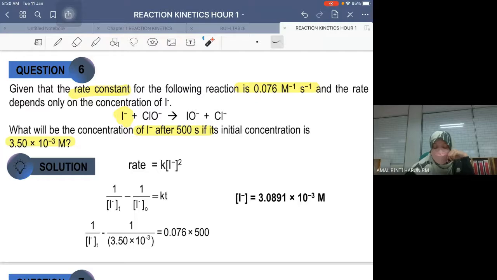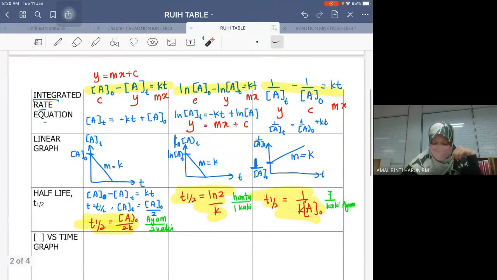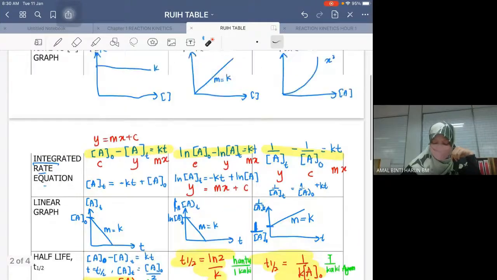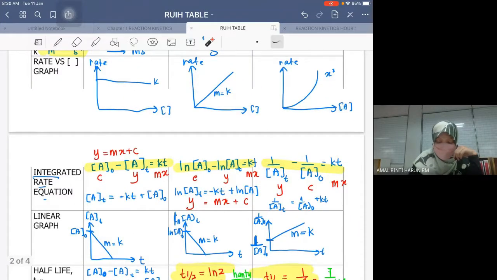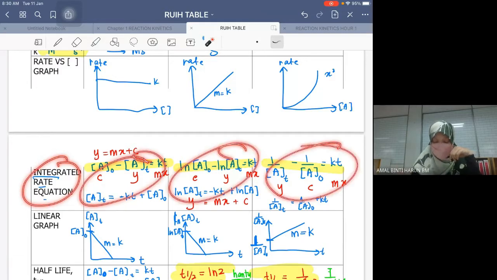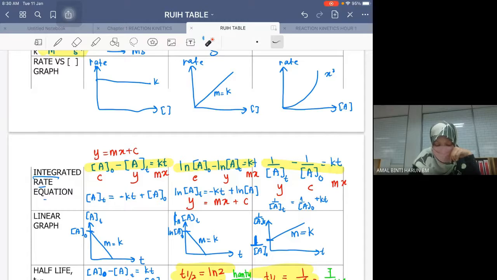Bila kita tengok integrated equation ini, for zero order, first order, second order, formula ini nak memberitahu kita tentang hubungan constant, masa, concentration initial dan concentration selepas suatu masa.